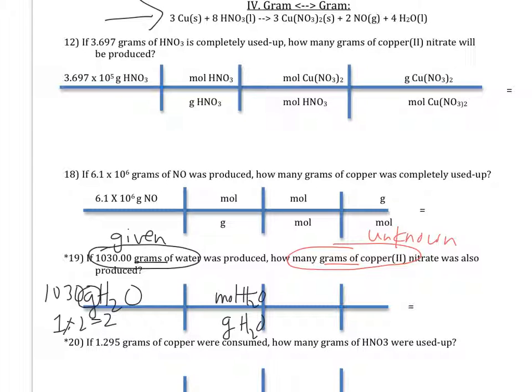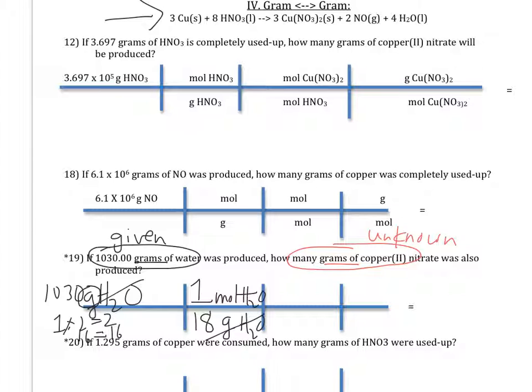The atomic weight of oxygen is 16 times 1. 16 plus 2 is 18. Look at that, we did that without a calculator. So I put 18 next to grams, because in 1 mole of water there are 18 grams. Then my grams of water have canceled out.